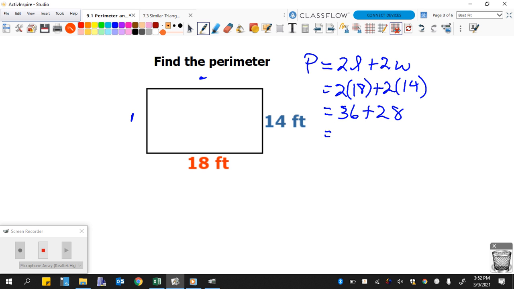Adding them together, 6 and 8 is 14, carry the 1. 1 and 3 is 4, plus 2 is 6, so it'd be 64 feet.